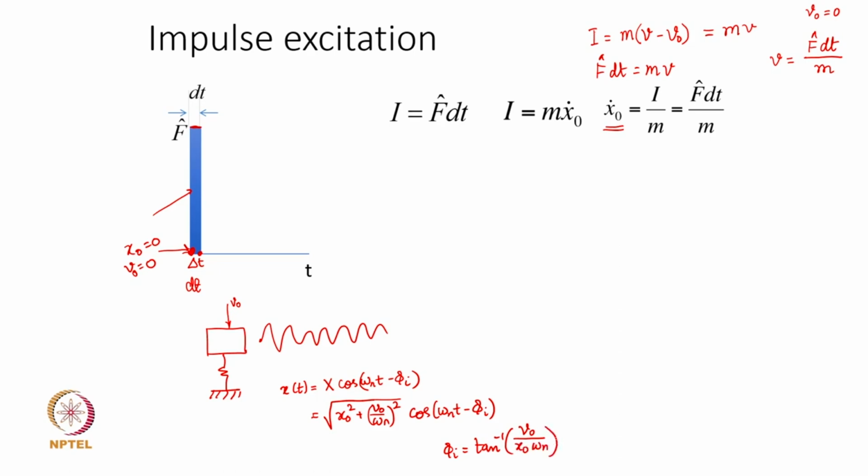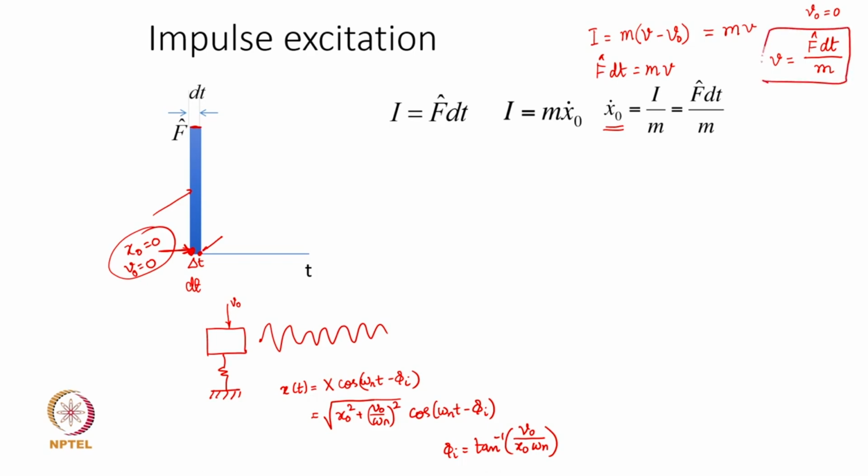These are the expressions we already have derived for a single degree of freedom system for the initial conditions x naught and v naught. Now, just before the start of the impulse, we assumed these conditions existed. At the end of this short duration excitation in the form of this impulse, the value of x naught can be presumed same, but velocity gets changed to this value.